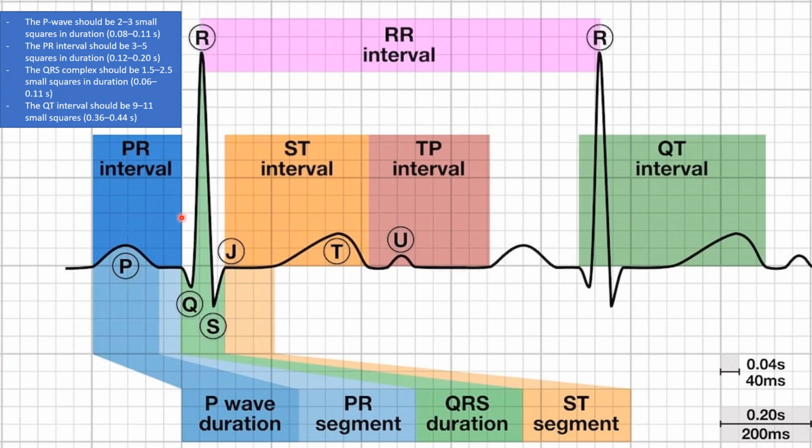Then we go to these intervals, right? So we have your P wave, the depolarization of the atria. Then you have your QRS complex, the ventricles depolarize, and you have your T wave, right? Your repolarization phase.